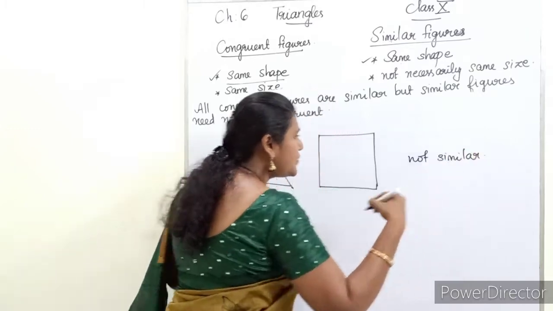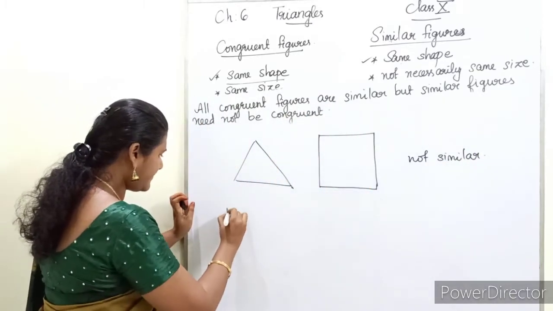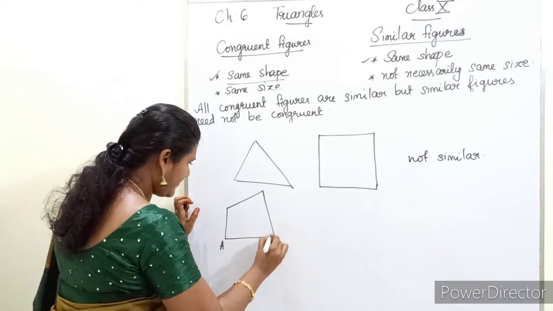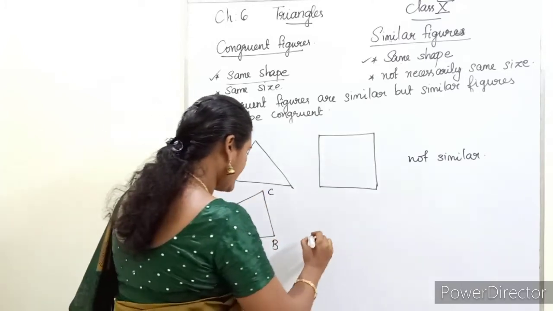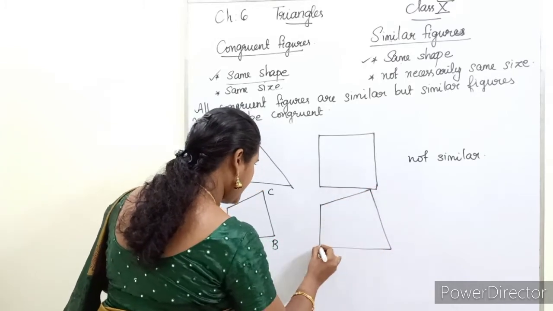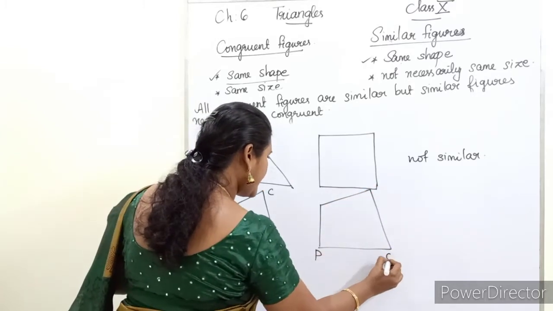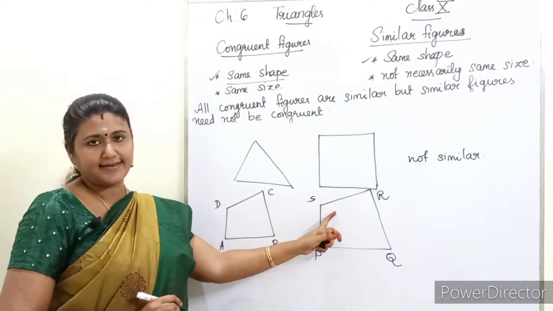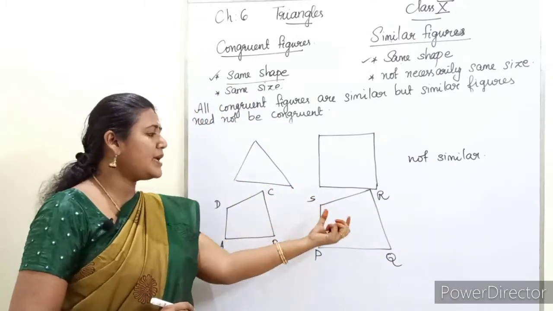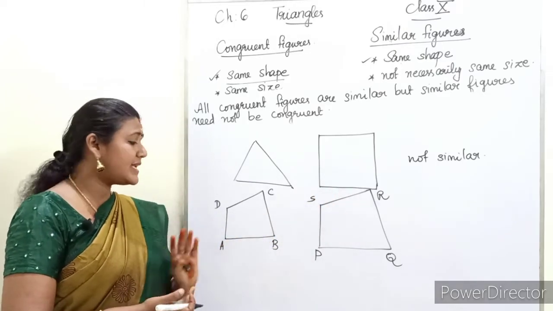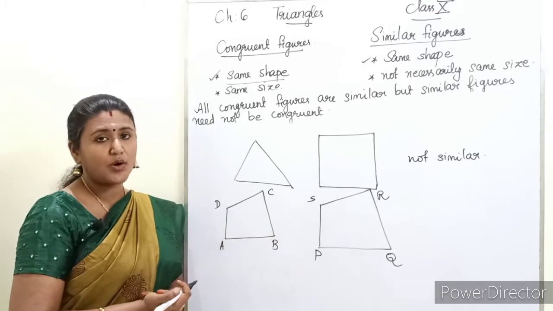Now I am going to draw another figure. Here I have drawn two quadrilaterals, ABCD and PQRS. Can you say these two figures are similar or not?